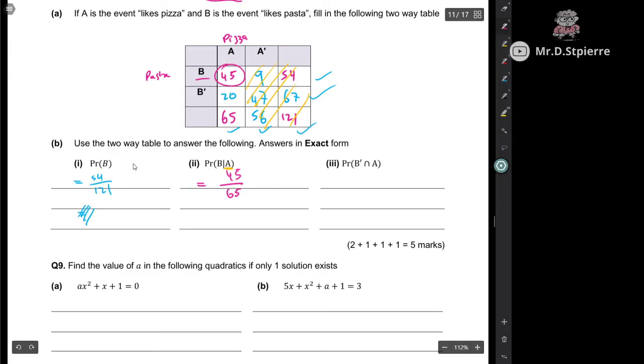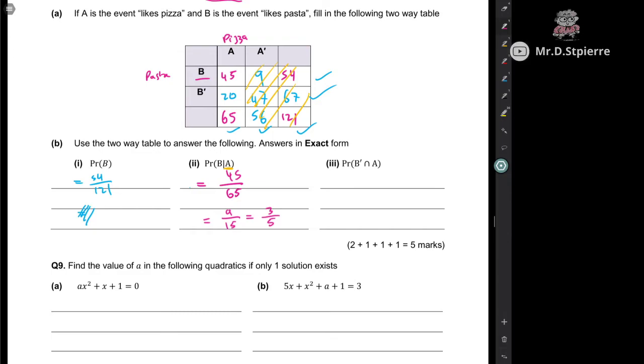So I get 45 over 65. Now simplify, I can divide both those by 5, so I get 9 on 15. I can divide both those by 3, so I get 3 on 5. So the probability of liking pasta given that they like pizza is 3 out of 5, not bad.